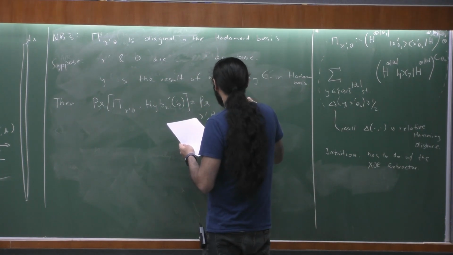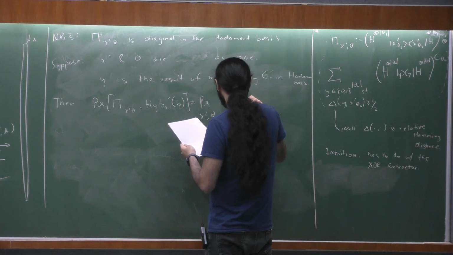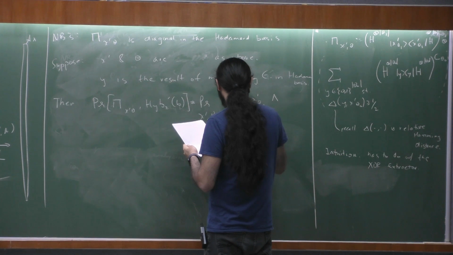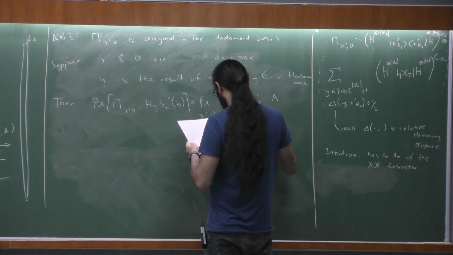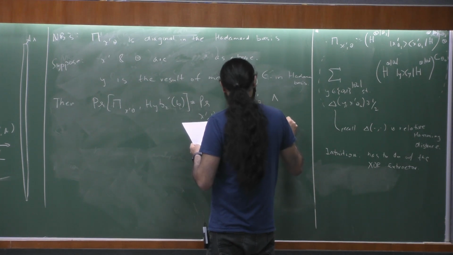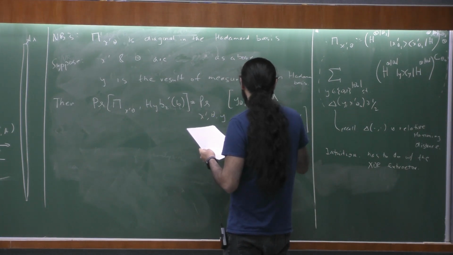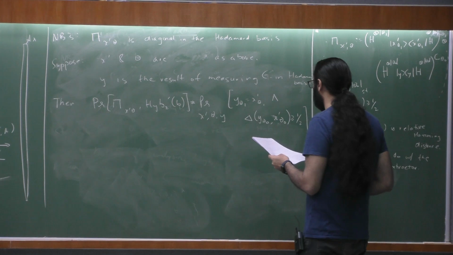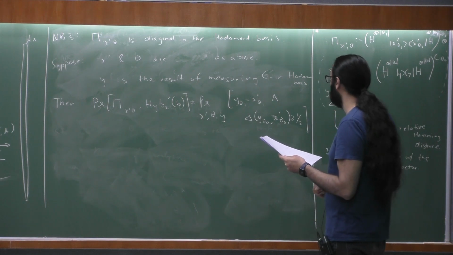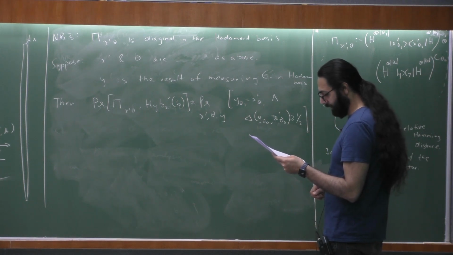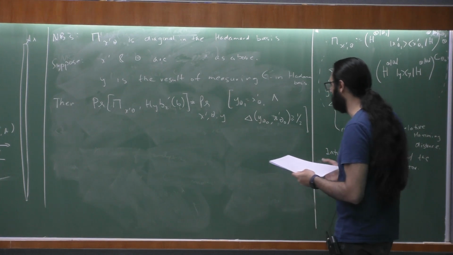And you have y theta 1 matches x prime theta 1, and the distance of y theta 0 and x prime theta 0 is at most half.